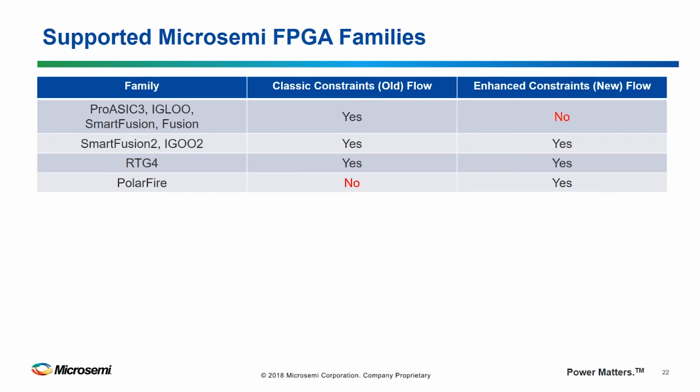But if you want to guarantee that they're always used, you can use this set_IO_FF command and tell the tool that you want to replace a flip-flop in the FPGA array with the flip-flop in the I/O pad. So here's an example of an NDC file where you see these commands set_IOF for different ports. Basically, in some cases, we said no for the register, and in some cases, we said yes.